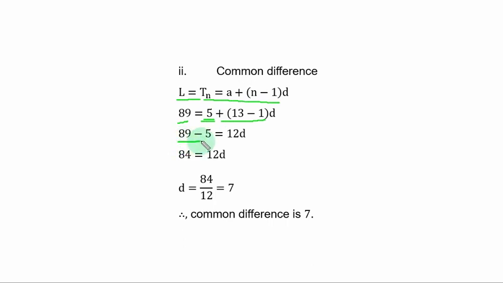You have this result equal to 13 minus 1, that is 12d. If you subtract, you have this result. To get d, divide both sides by 12, and d is equal to 84 over 12, and that is 7. Therefore, the common difference is 7.